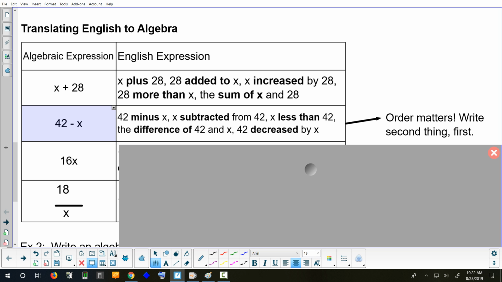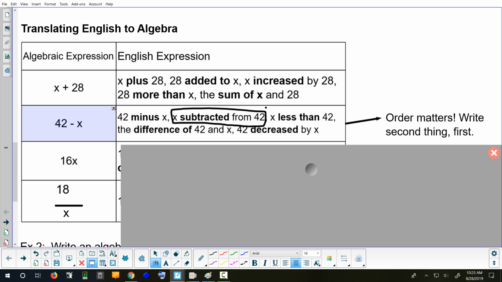42 minus x. Minus can be a little tricky because the order is important. That's what I'm putting with this little arrow right here. So, putting a box around this one, because that one is kind of special.